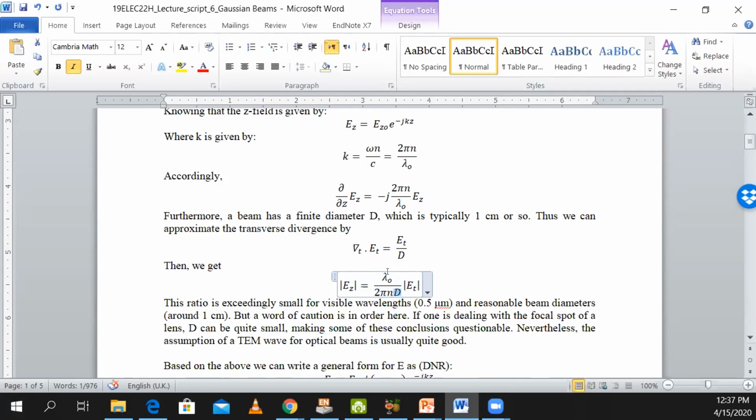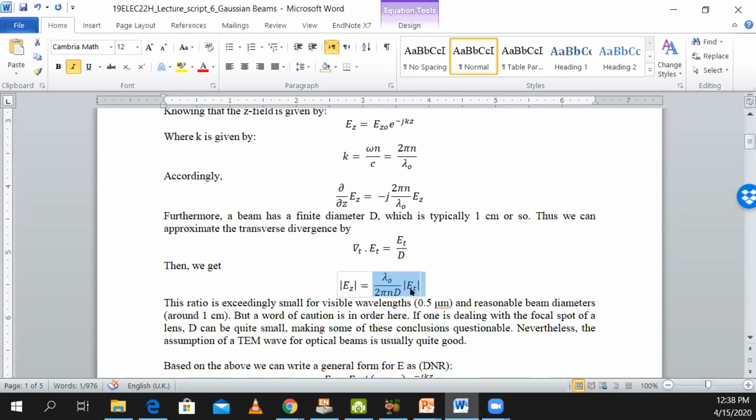Because in some very high power coherent lasers, where you have a spot size or beam diameter in the micrometer or maybe nanometer dimension, this equation will not get the same results. Because as long as d is in the micrometer and lambda is in the micrometer, now Et and Ez are comparable, and you will not be able to consider your light as a TEM wave.